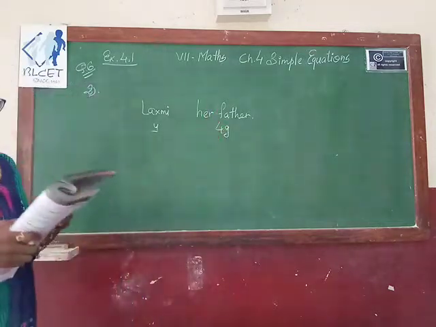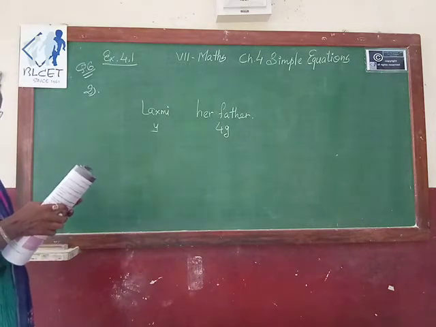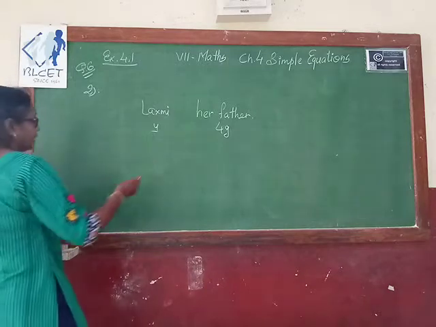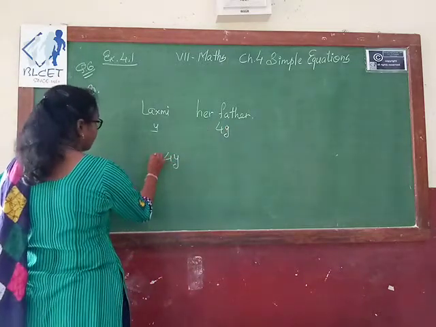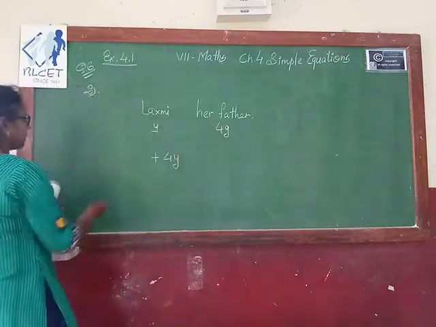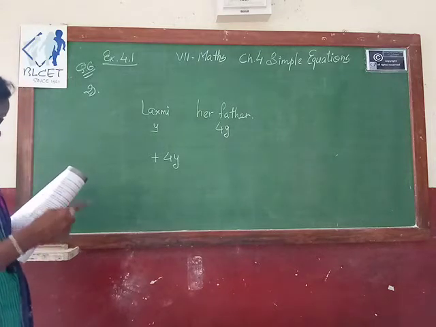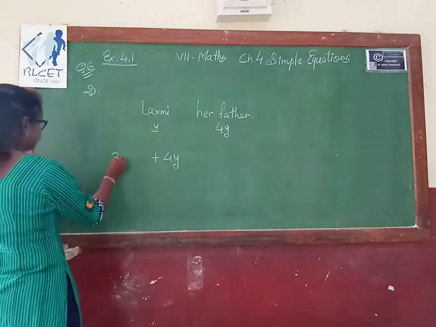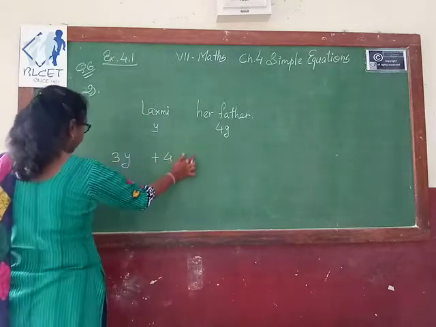Okay. Now, what is the condition given? He is 4 years older. Who is? Her father is 4 years older. Older means the age of her father is more than 3 times Lakshmi's age, that is 3y, plus 4 years.